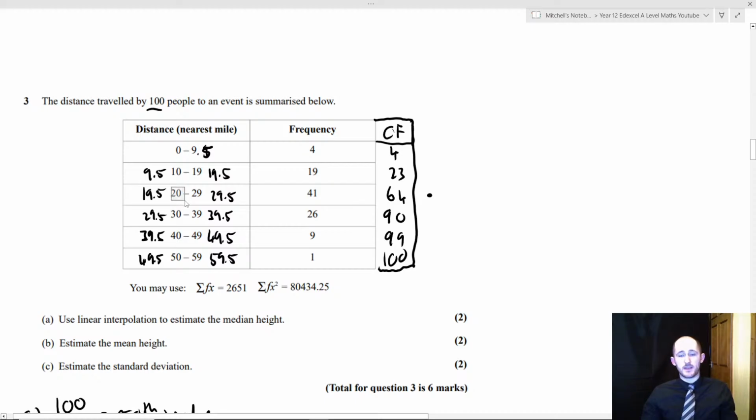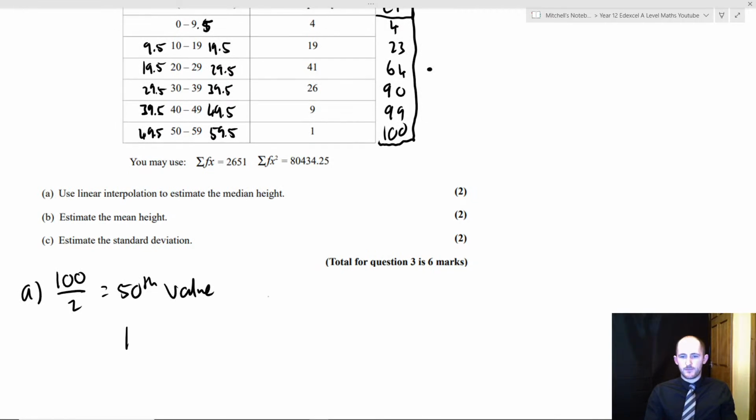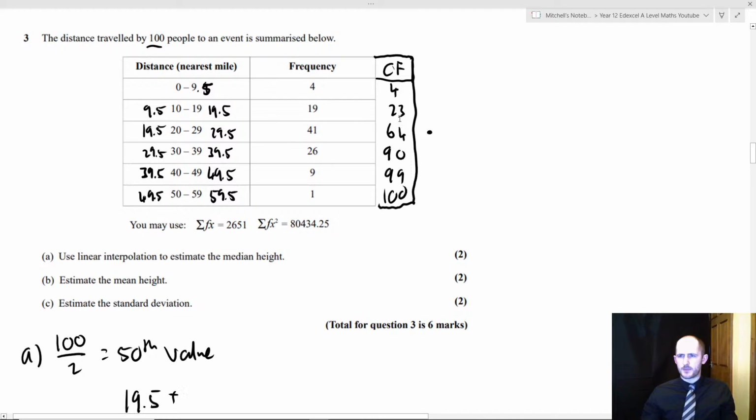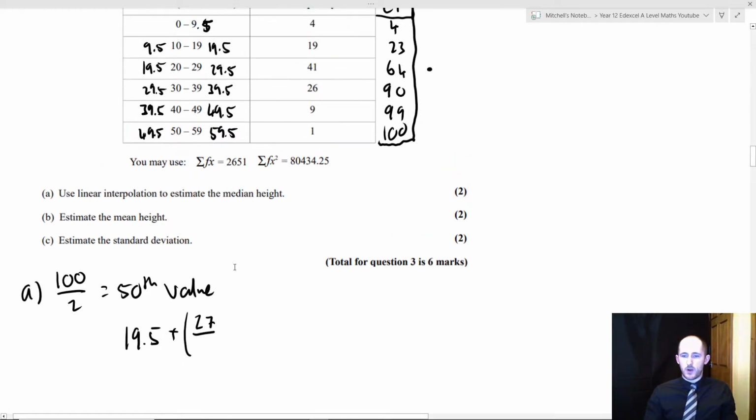It ain't 20, it's 19.5. Then you plus how many we had left. We got up to 23, we want to get to 50, so that's 27 left over. And the frequency inside that class is 41. And you times that by the class width, so 29.5 minus 19.5, which is 10.